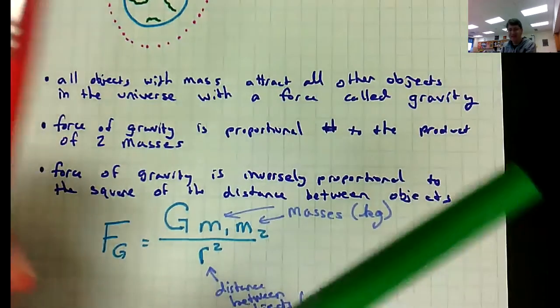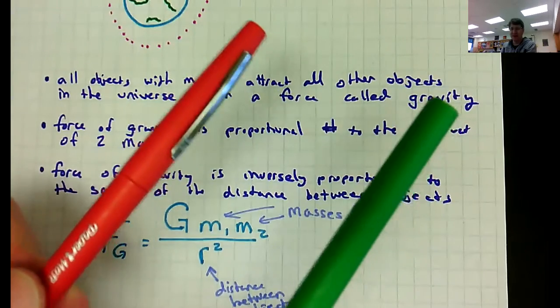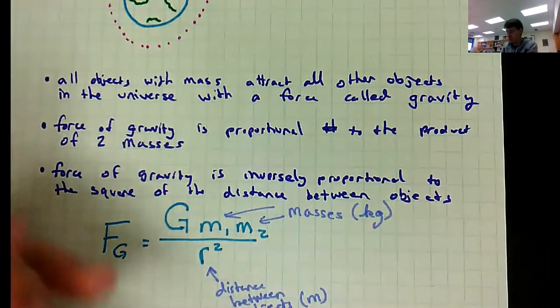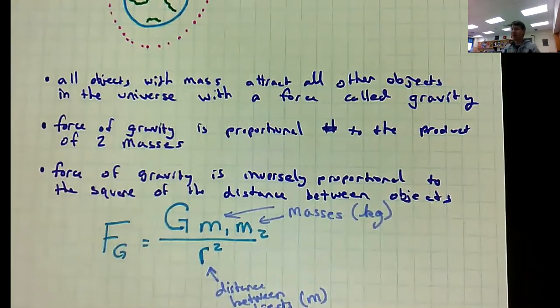If that's the case, then these two pens should be attracting each other with gravity. And they do. They do attract each other with gravity. However, it's just so weak. It is incredibly weak. You have to have something the size of a planet, or at least a moon, before you get enough gravity built up that you even recognize that it's there.